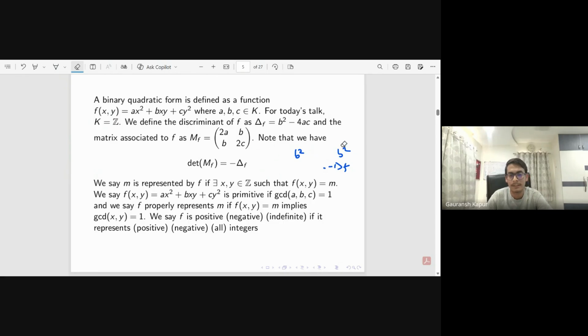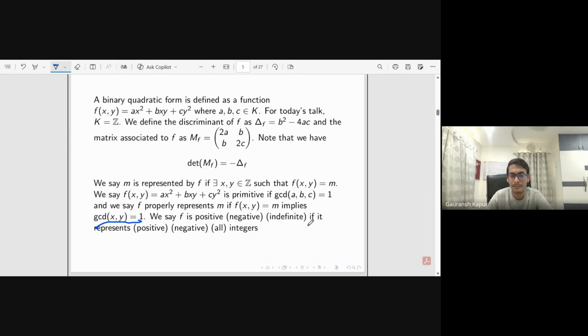And we say m is represented by f if there are integers x and y such that f of x comma y equals m. We say f of x y equals ax square plus bxy plus cy square is primitive if the coefficients have GCD 1. And we say f properly represents m if any representation of m with f of x y equal to m implies that the two numbers x and y must be co-prime.